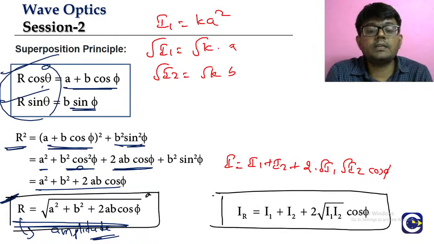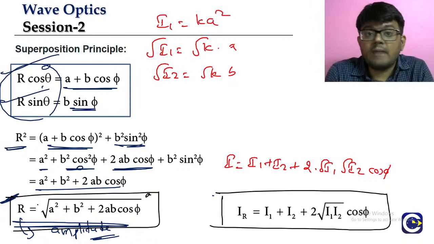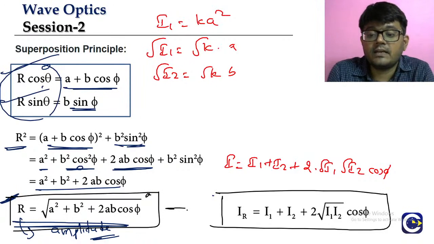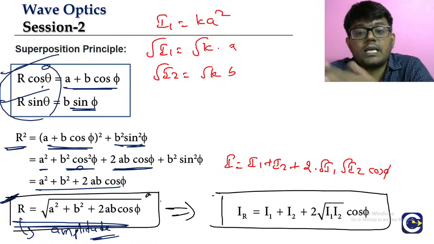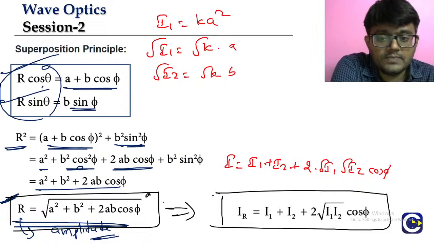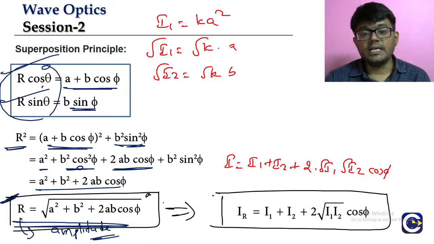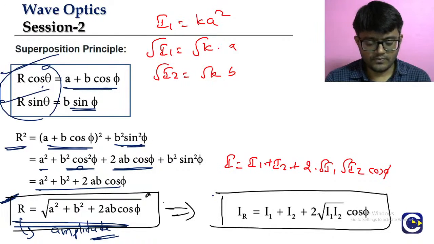If you remember the resultant amplitude formula, from here itself we can try to derive it if required. Either you remember both of them or you remember one and try to derive the other whenever it is required. Okay, so this is about the resultant wave amplitude as well as the intensity.